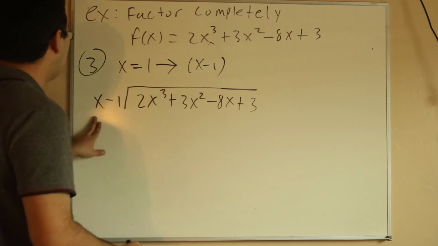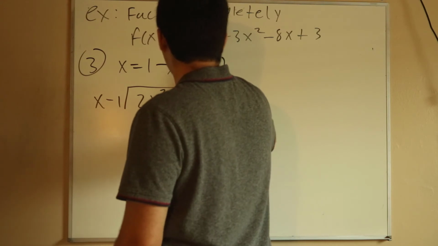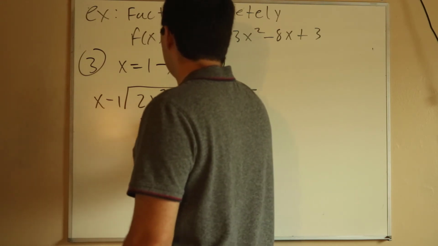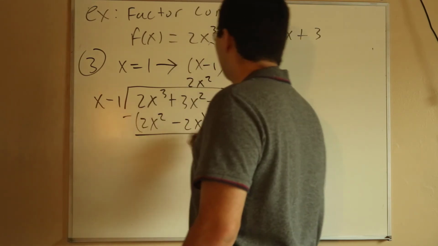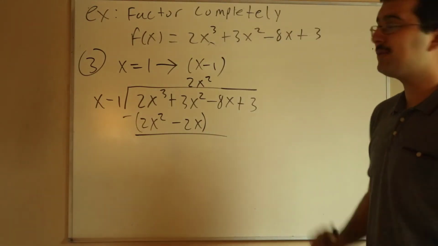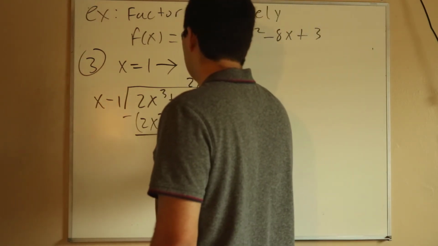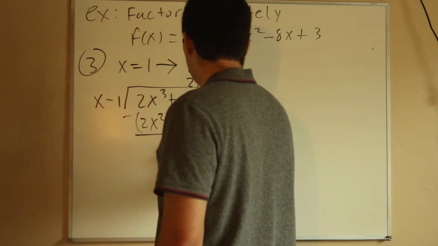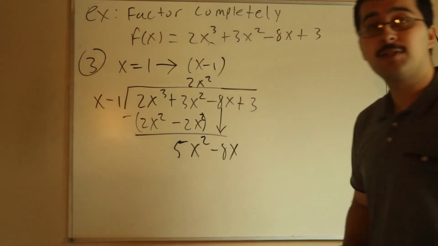I want to match the values, so I'm going to multiply by a 2x squared. So I'm going to get 2x cubed minus 2x squared. I'm going to write my parentheses to help me remember to distribute. Do my subtractions, and I'm going to get 5x squared, bring down the next value, minus 8x.